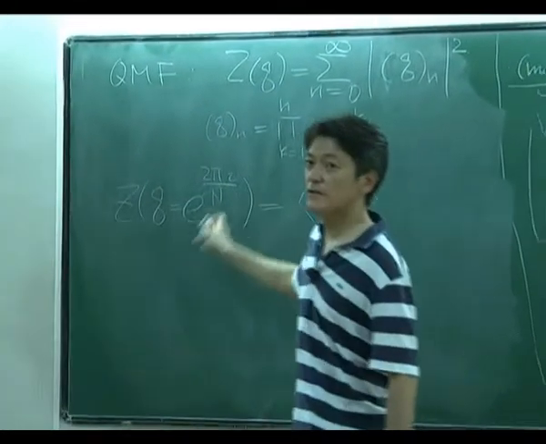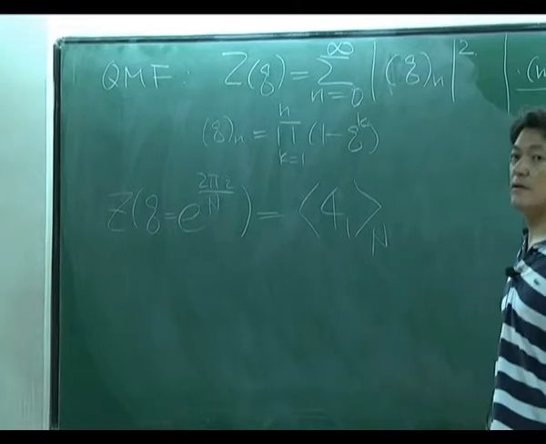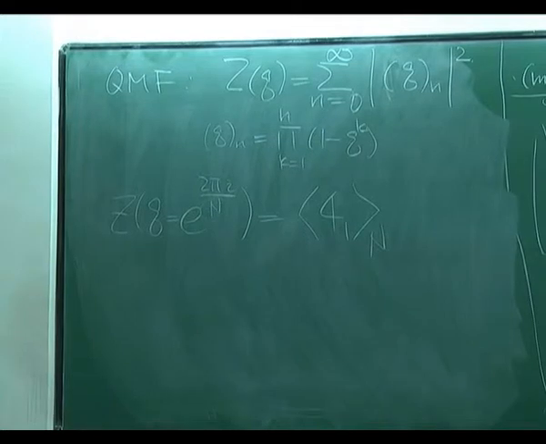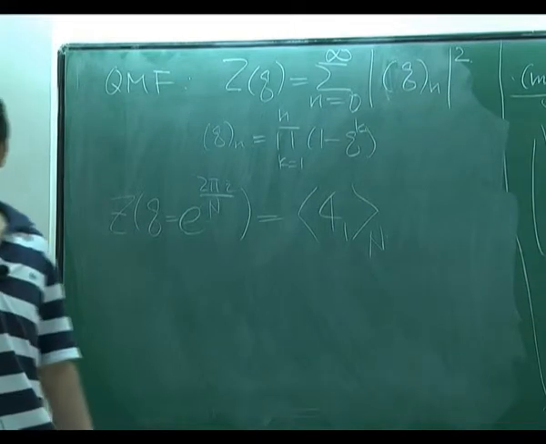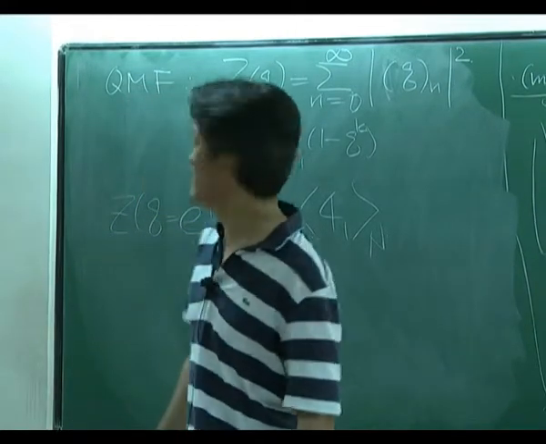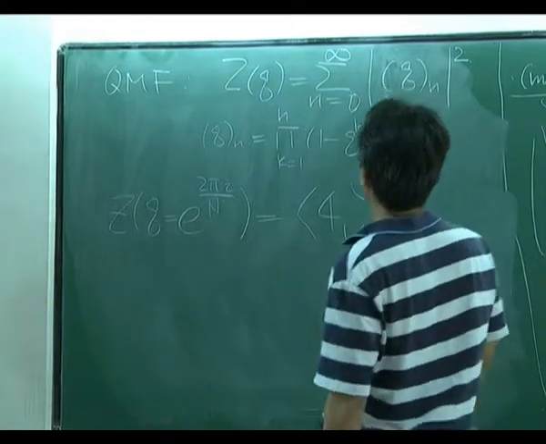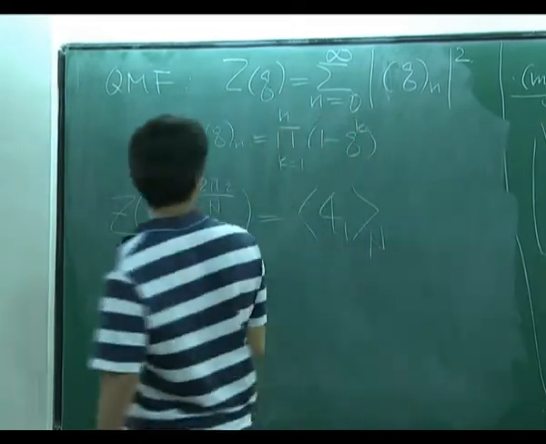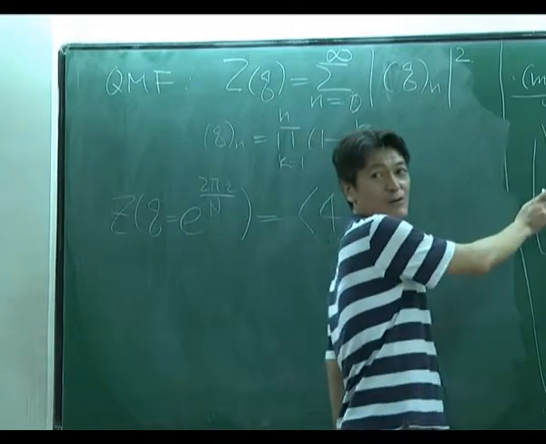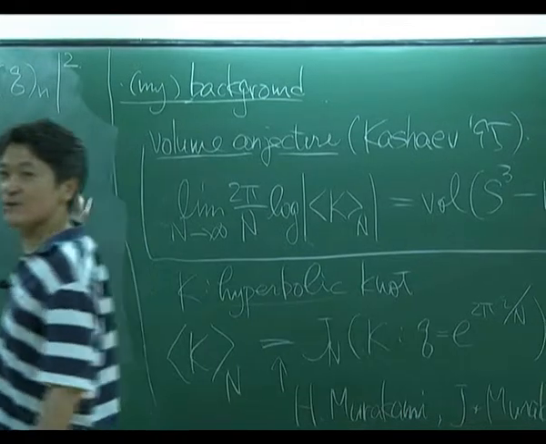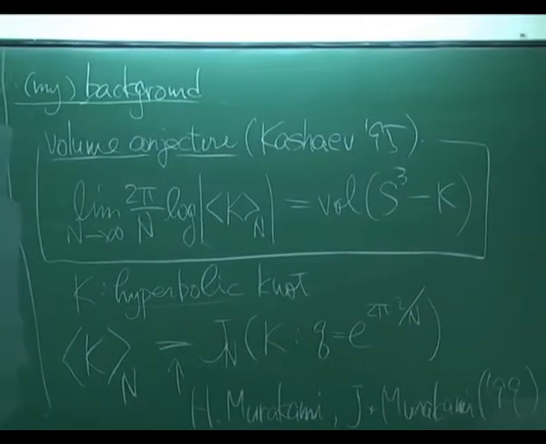Is this a conservative function? No. Okay, I will explain the concept later. Is there supposed to be an analog for every knot? If the volume conjecture is true, the asymptotics have a very nice meaning from the viewpoint of geometry.